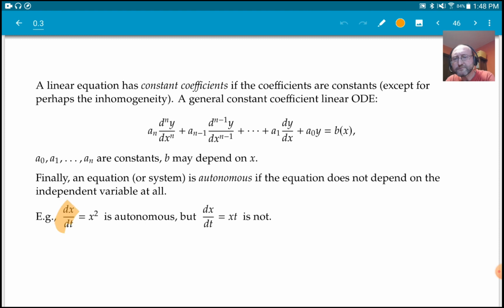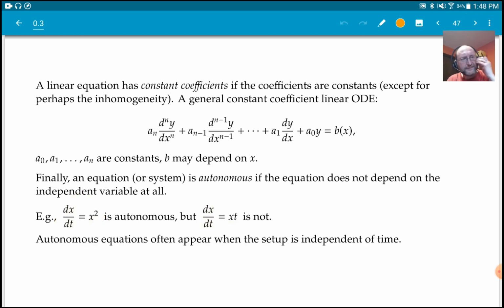So, for example, this is a nonlinear autonomous equation because t does not appear, except we're taking derivatives in t. But this one we just modified a little bit, because here the right hand side is x times t, so it depends on t. This is not autonomous. It depends on the independent variable.